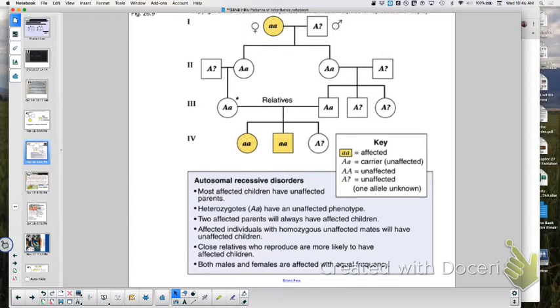Tell your bio buddy, why is it big A question mark? So the only thing we know for sure are the ones that are colored in, okay? So we know those. Why?